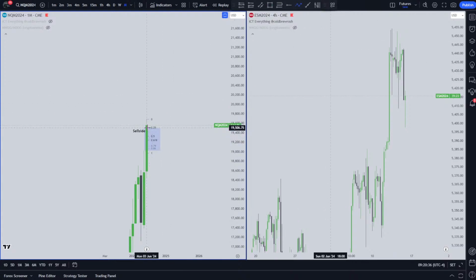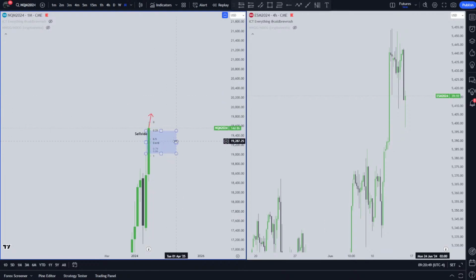That means in 14 days it has to expand. It has to continue its expansion, and then that next candle can only retrace to whatever it needs in order to make the fair value gap, right?